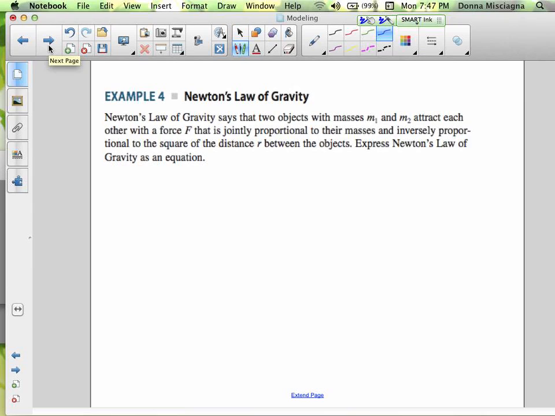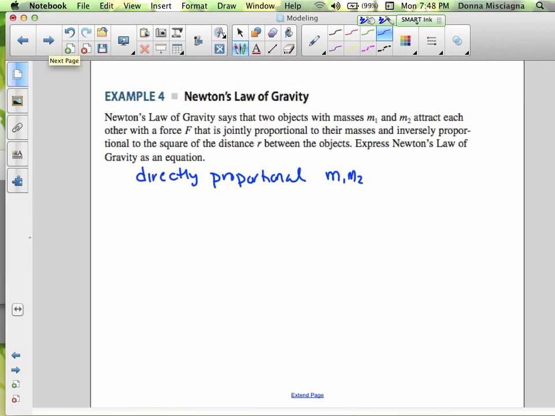All right, so we have F, or force. So let's look. We have proportional. So jointly proportional, that's the same as directly proportional. Jointly just means it's going to be a product. So jointly proportional to m1 and m2.